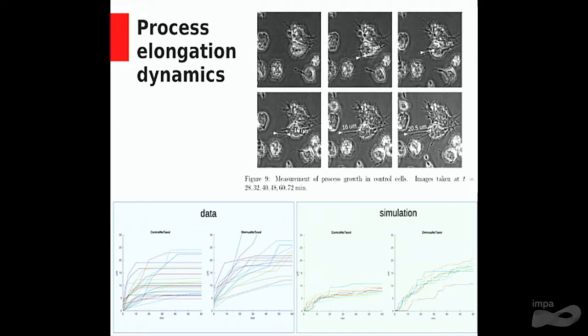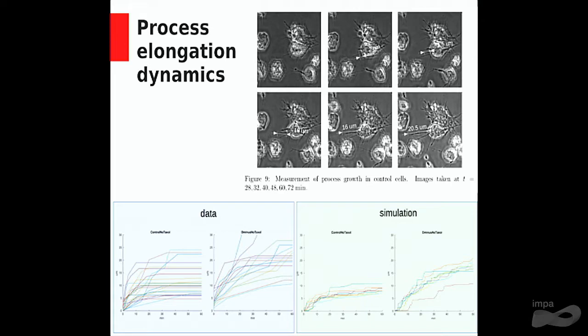And then after that, we tracked single processes as they grow. Here, the process has just started to grow. Apparently it has 2 millimeters, then it keeps on growing, 5 millimeters, 10 millimeters, and so forth. And here I plotted those lengths of various processes against time.